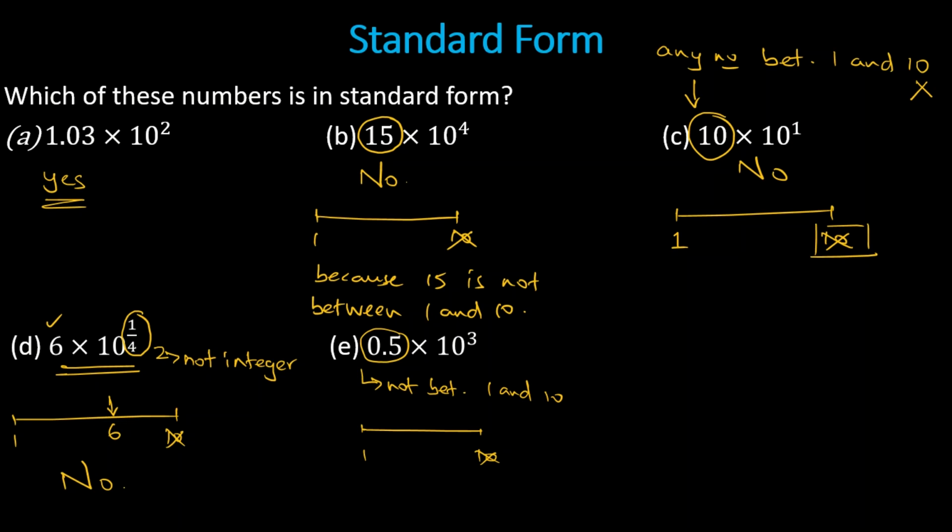So 0.5 times 10 to the power 3 is not in standard form. Right? So this is how we determine whether a given number is in standard form or not. Firstly, by checking the number, whether it is between 1 and 10, and secondly, by observing the power, whether it is an integer or not. Right?